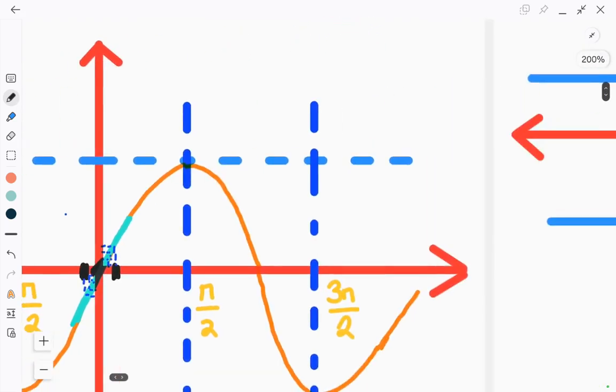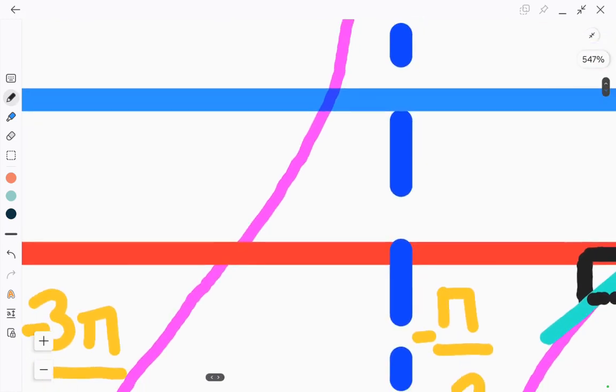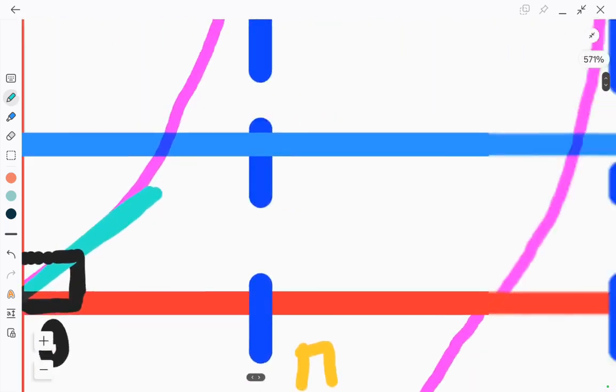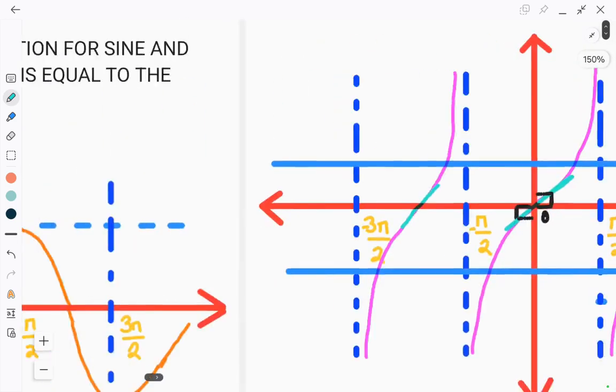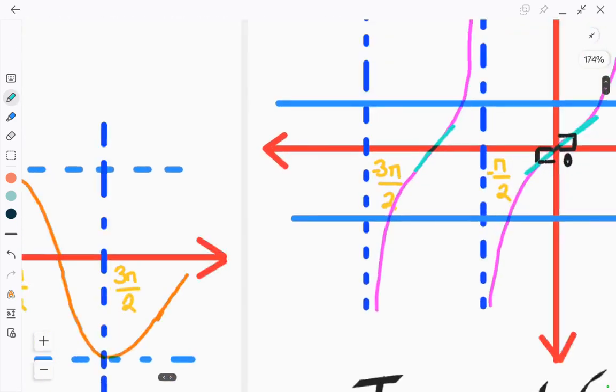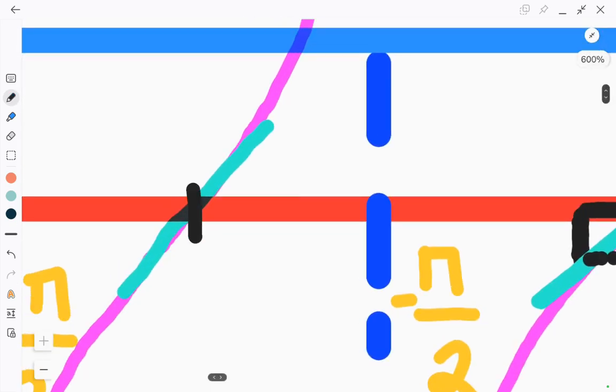Now we can also see that we are getting the same graph at these points, that is minus pi. Somewhat like here, and also like here. So why can't we take small angle approximation here? Let me tell you that if you take a small angle approximation here, this is minus pi.